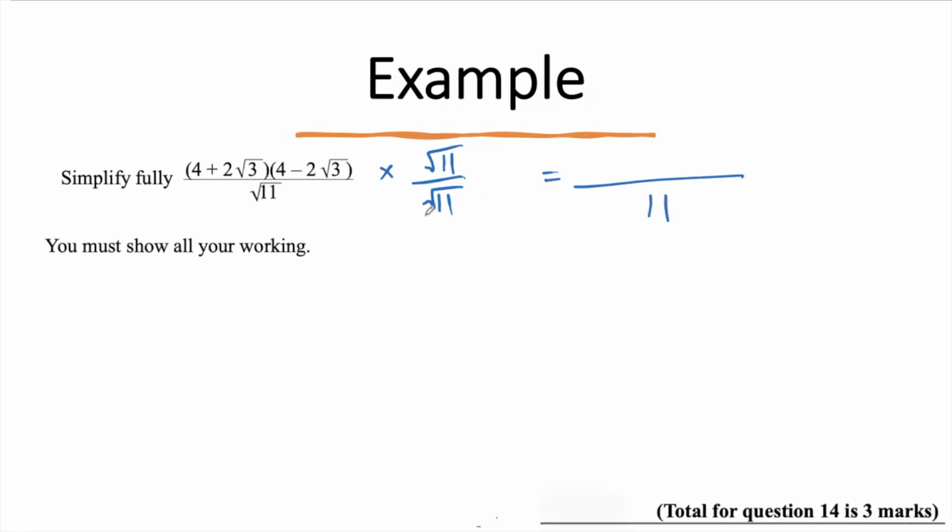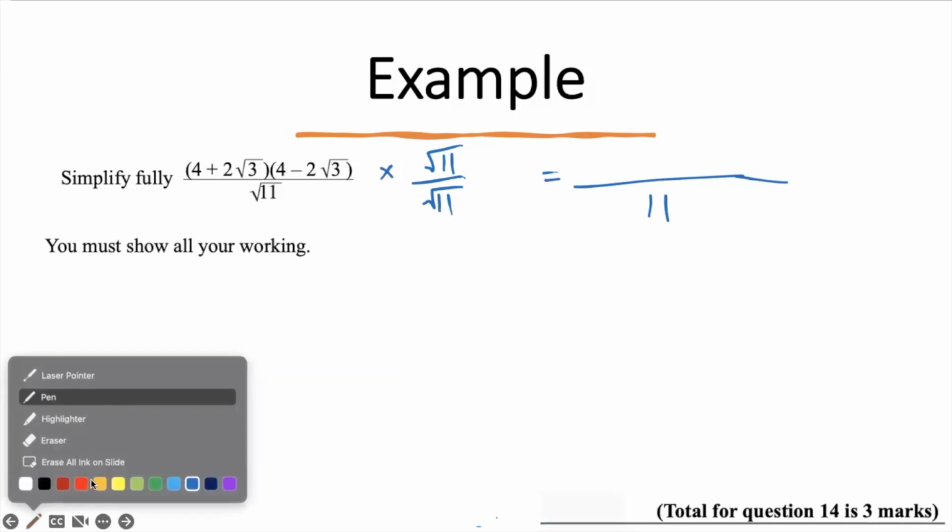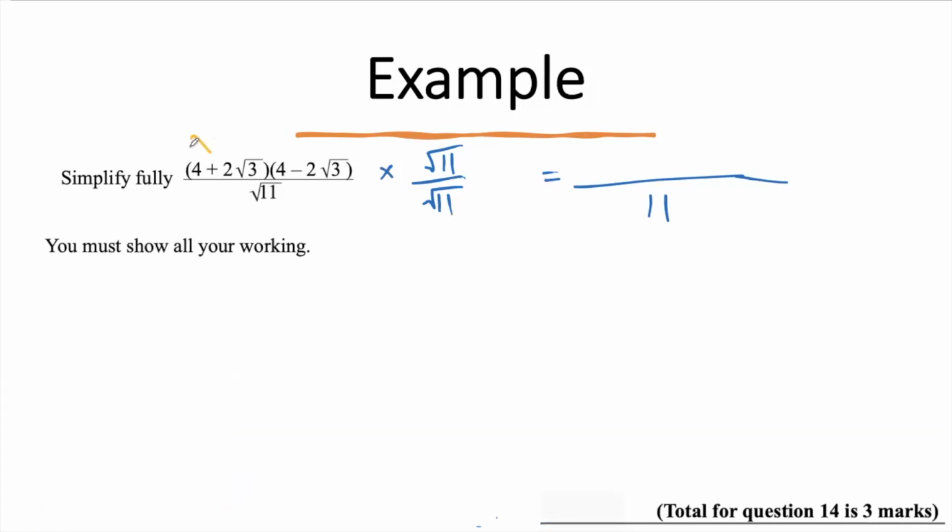On the top, there's a few things we need to do. I will multiply 4 plus 2 root 3 and 4 minus 2 root 3 first, and then multiply the result with root 11. So we're going to take this to the side.